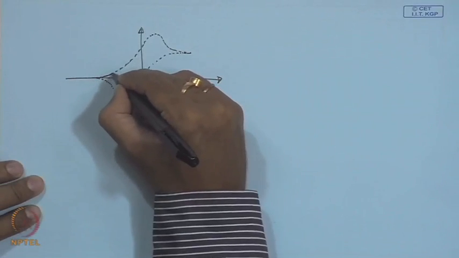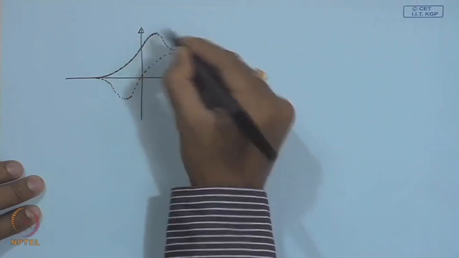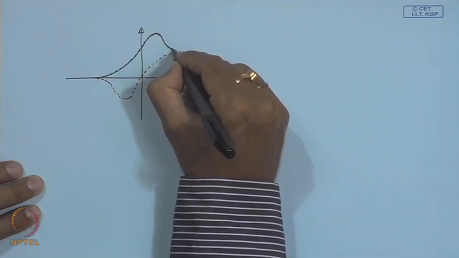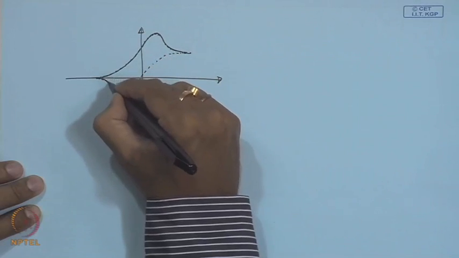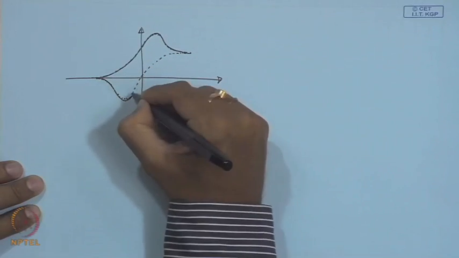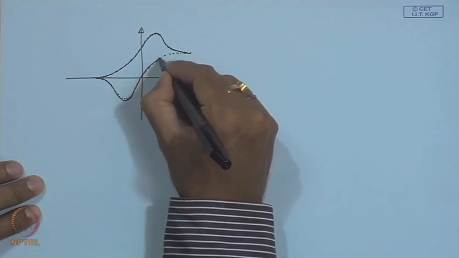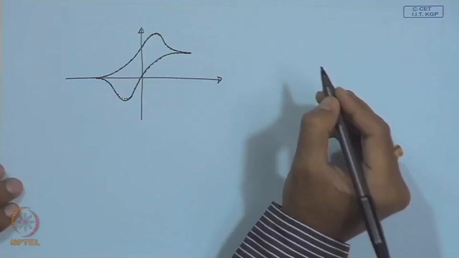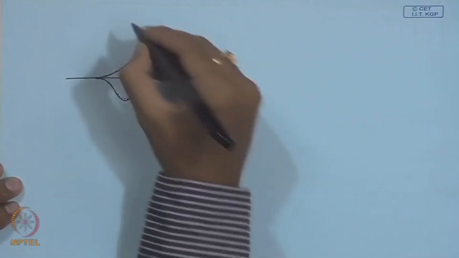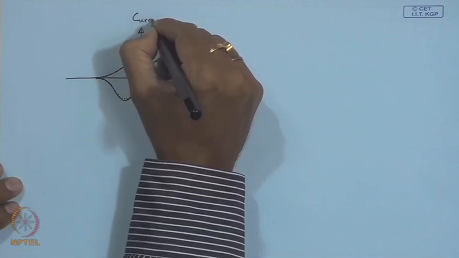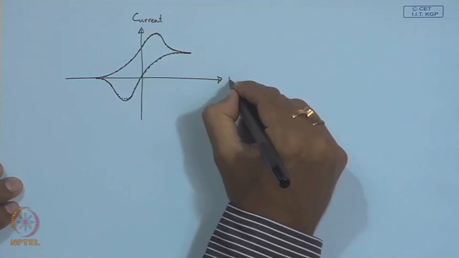The curve will be joined by a line. So, this is your current and voltage.